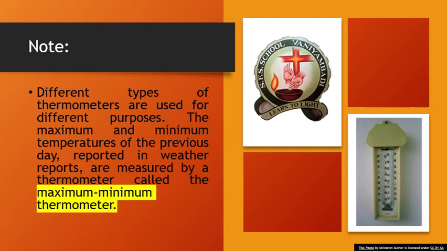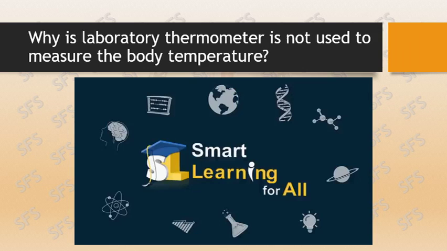What are the different types of thermometer we saw? We saw the clinical thermometer, the laboratory thermometer, and we also discussed the maximum minimum thermometer. A simple question: why is the laboratory thermometer not used to measure the body temperature?